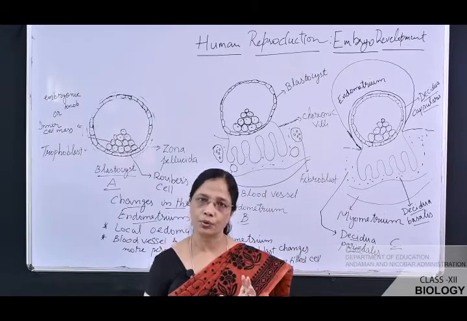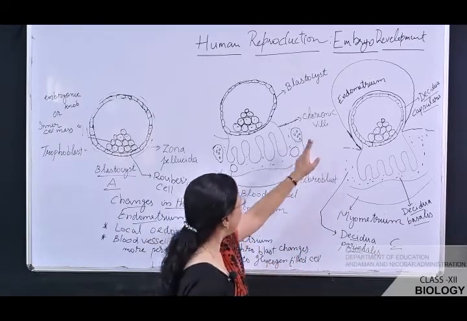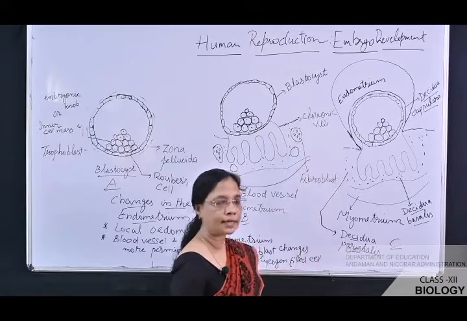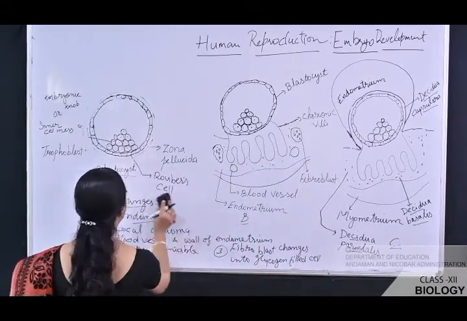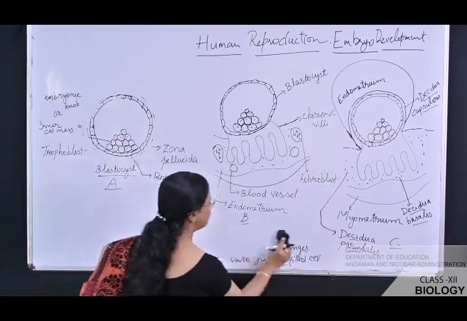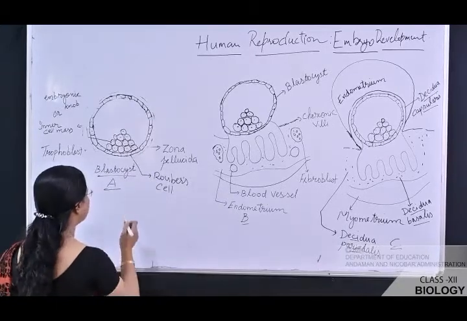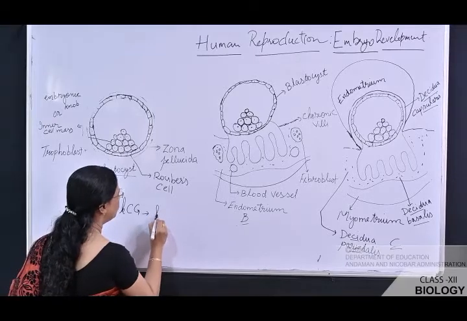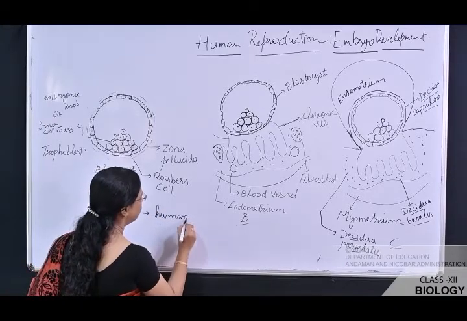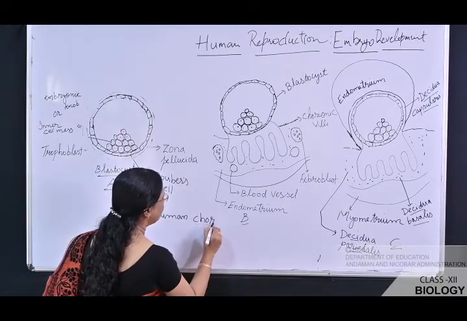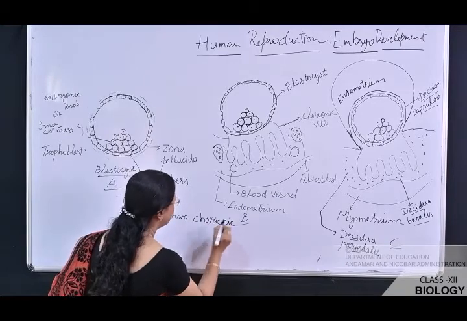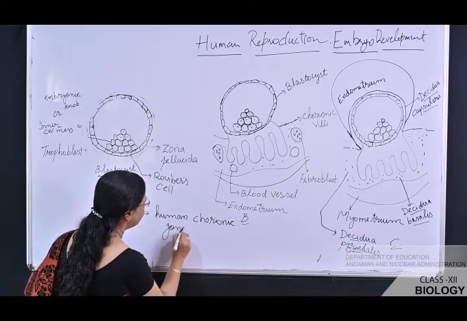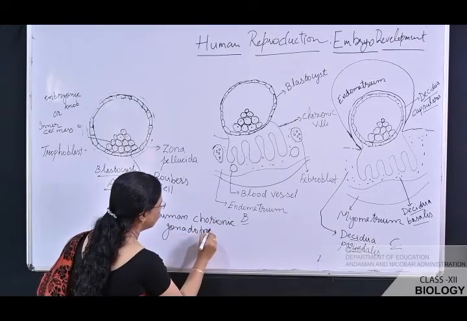This chorionic villi secrete a hormone known as HCG, that is, human chorionic gonadotropin.